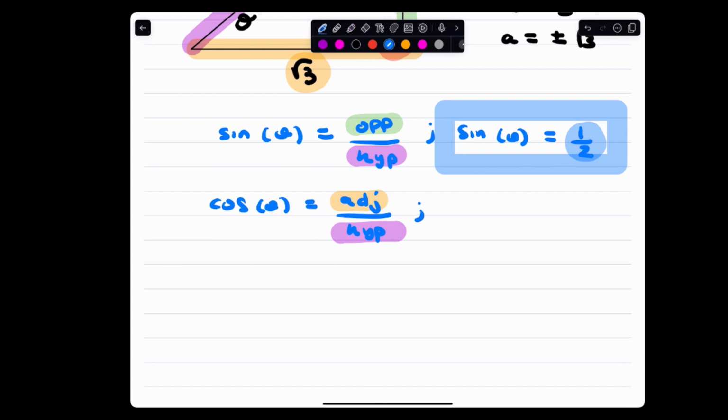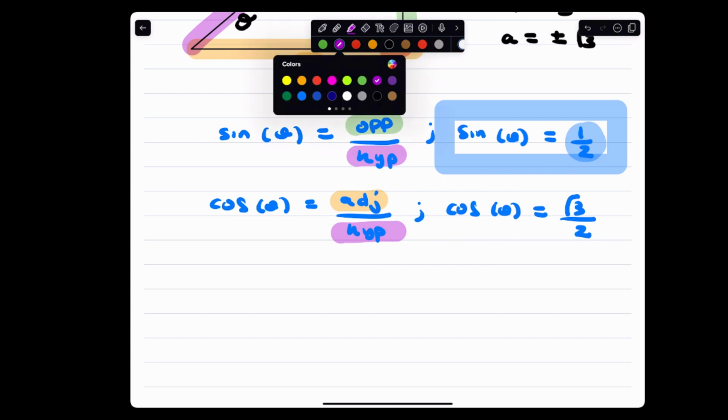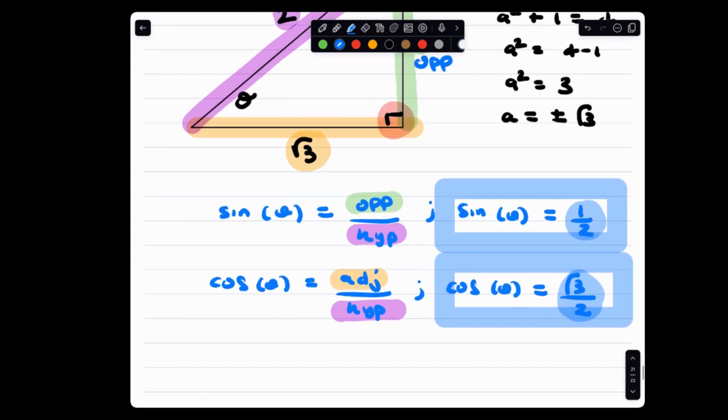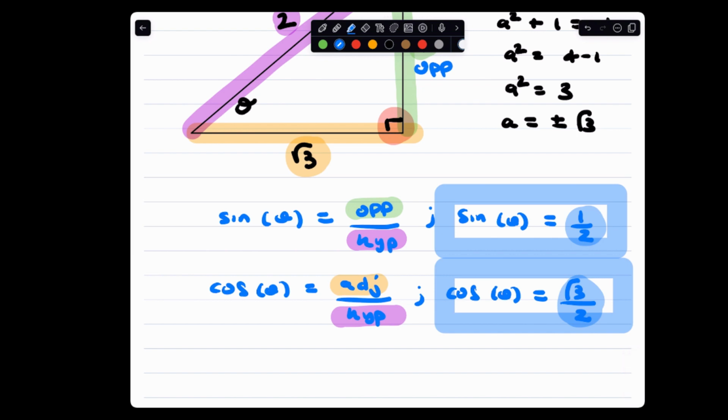So you got cosine of theta being square root of 3 over what? Over 2. Is that true? And there you go. Okay, you guys okay with that?